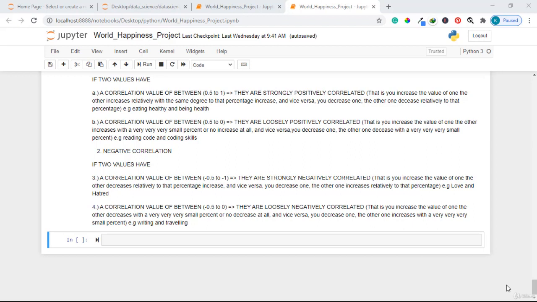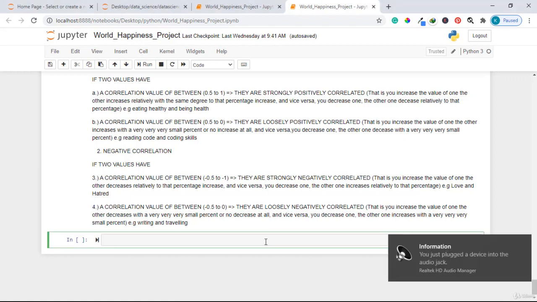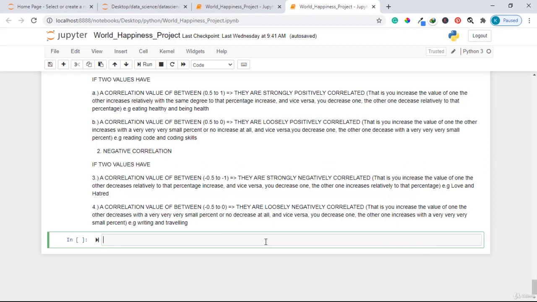And so the way you can print correlation between all the variables in your data is simply like this. You just type the name of your data set, and then you use the function known as corr. You just write like this. This will be world_happiness_file.corr, like so.